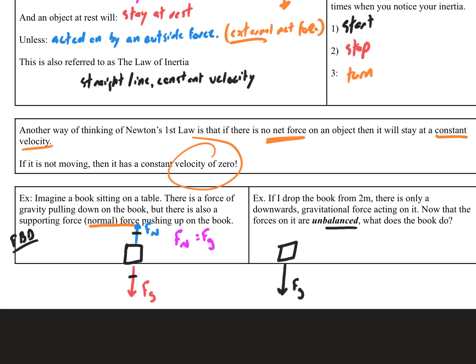This is now an unbalanced situation. This object would then have to accelerate downward. Anytime something accelerates, it has to accelerate in the direction of the unbalanced force. Another way to say that is it accelerates in the direction of the net force.